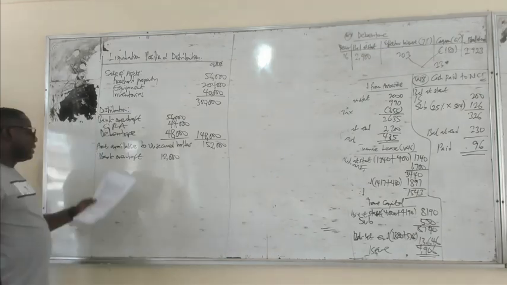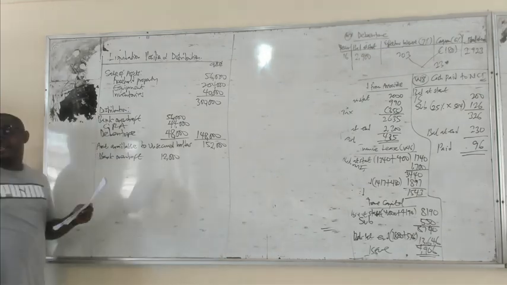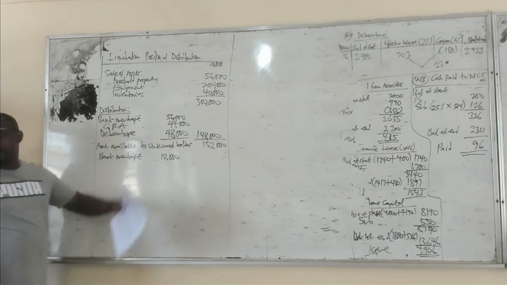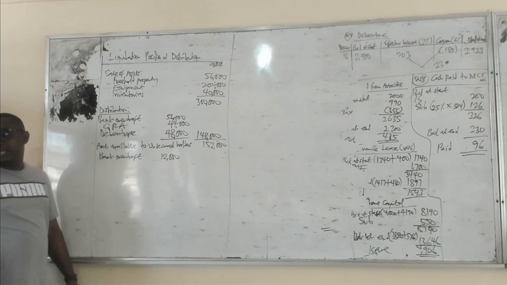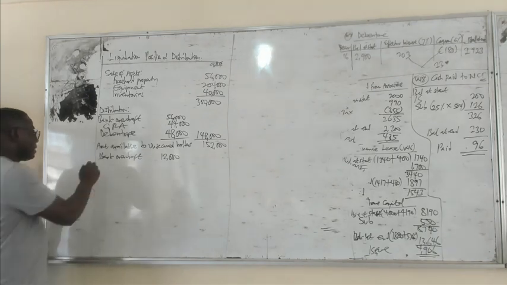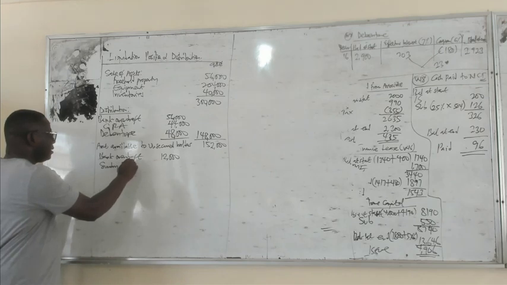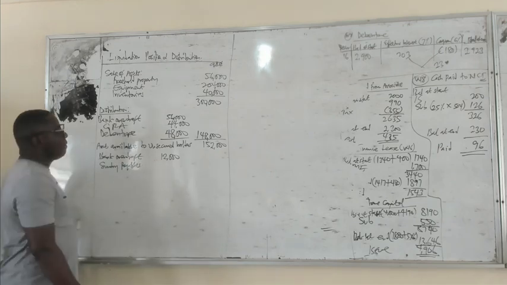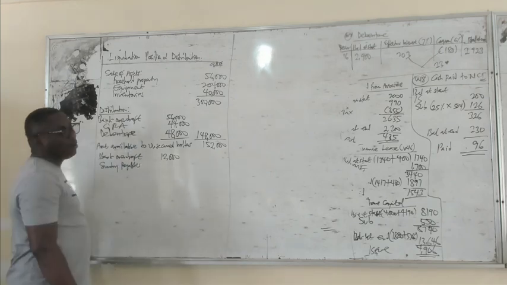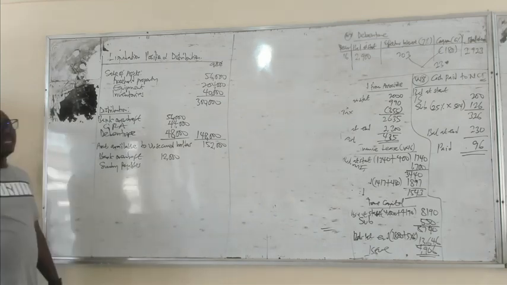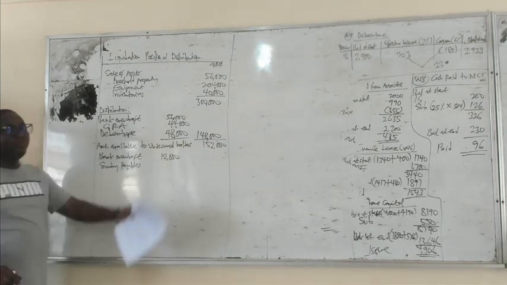Then the sundry payables, it was 412,000. But 44,000 was included, which we have already paid. So sundry payables, we will pay an amount of 412 minus the GRA payment, 368.